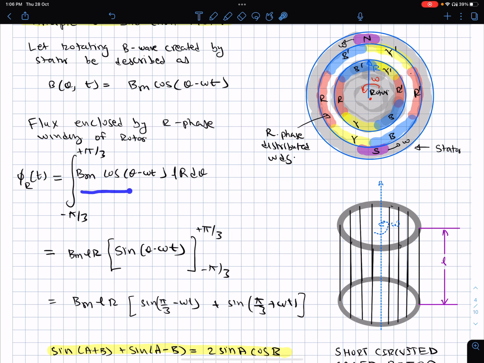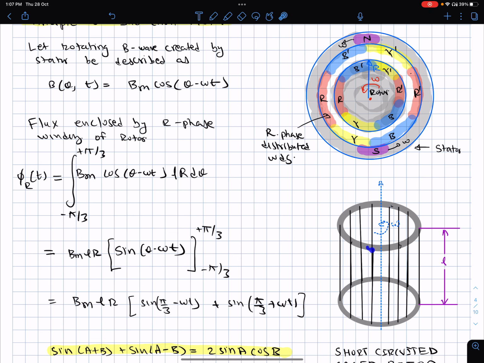dot, it's basically B dot ds. To calculate ds, first I should calculate the arc. So a small angle d theta here, or a small arc, is going to be r times d theta, times the length.